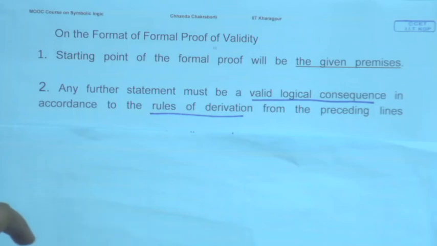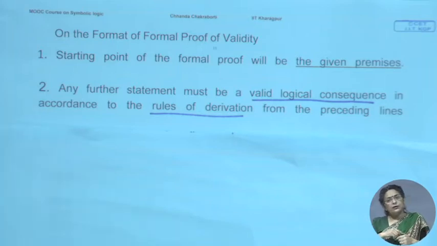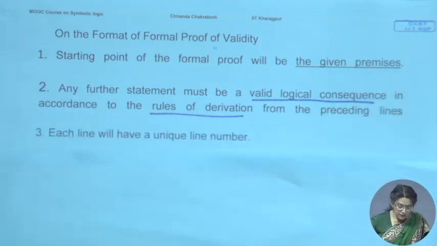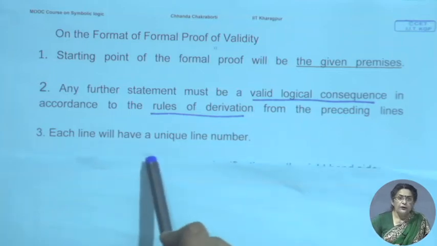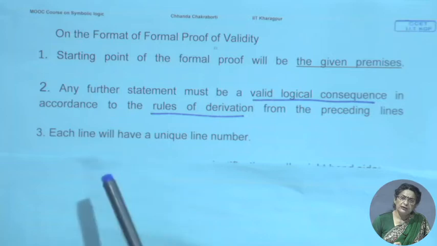Any further statement that you add must be a valid logical consequence, in accordance with the rules of derivation, from the preceding lines. So, these are not just any conclusions that you can draw, rather these are conclusions derived by using certain rules. This we have already established, that every line in the proof is going to have a unique and sequential line number.